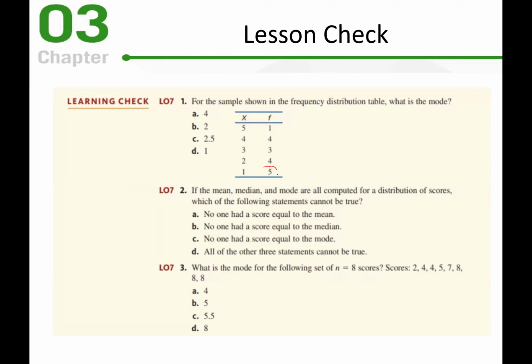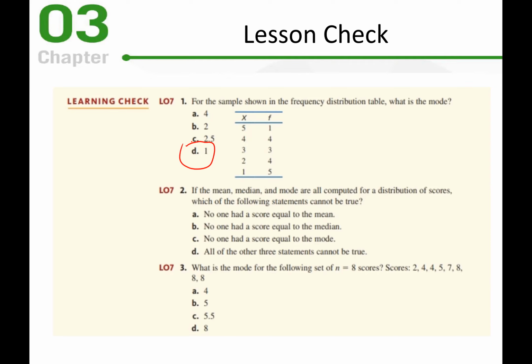Well, 5 is the largest frequency. The majority of people scored a 1, so 1 is the mode. Don't mess up and say 5 is the mode, because it's not. 1 is the mode, because 1 is the actual score. So the answer for that is D, 1.